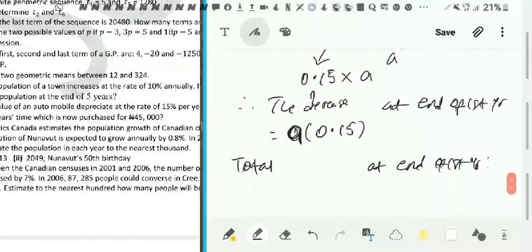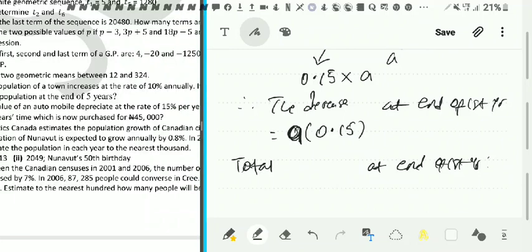If you do that, you'll be getting 6,750. So that 6,750, you are going to be subtracting it from the original price because it is depreciating.